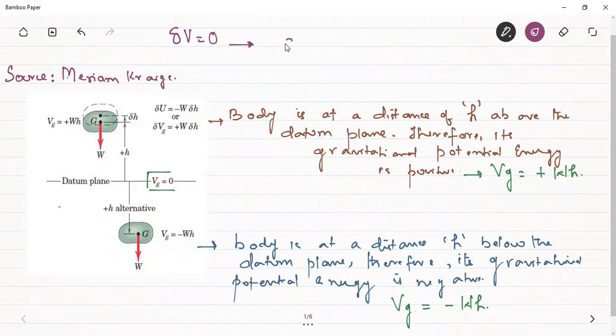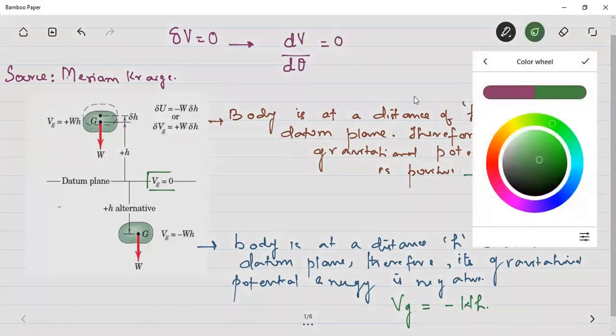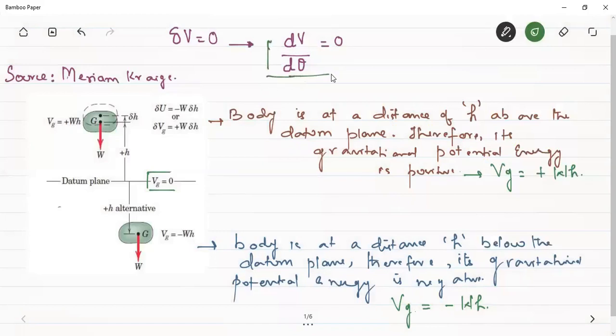We had written this equation: the change in the potential energy of the system with respect to any independent coordinate should be zero. So if we consider our mechanical system to be a single degree of freedom system, then the complete configuration of that system can be represented by a single independent coordinate theta.